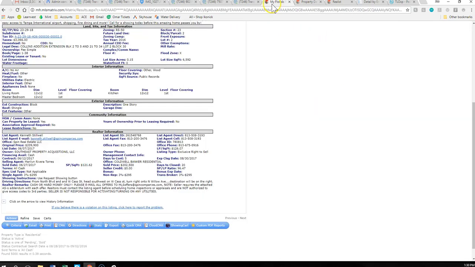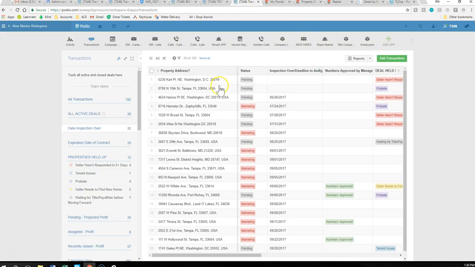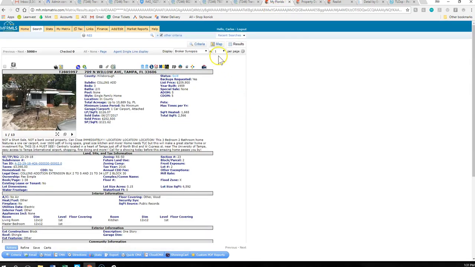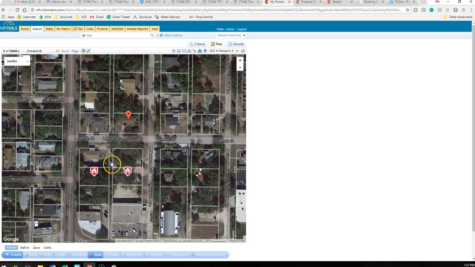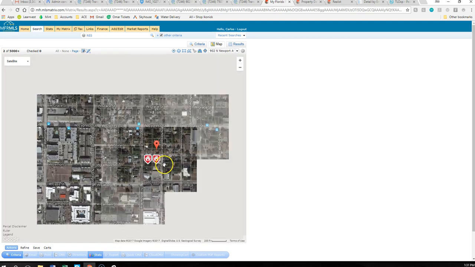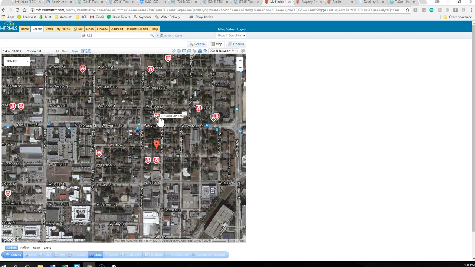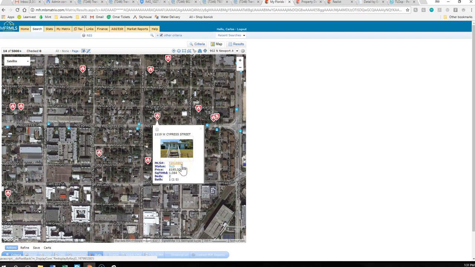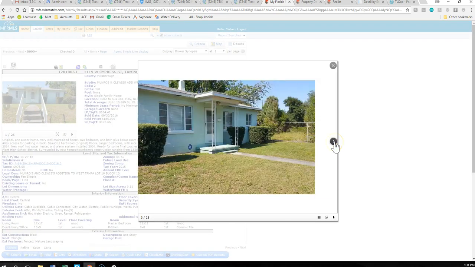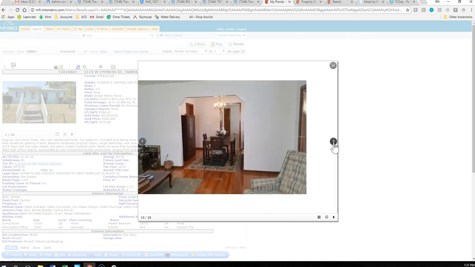All right. So that's that. Basically, what you would do is you would do that for like a small radius. So, for example, after this property here, you can look at this one too. I mean, and just call them just because they're right in the area. Let them know that we're selling ours, obviously a lot higher because it's a lot bigger. You see this? It's in livable shape.